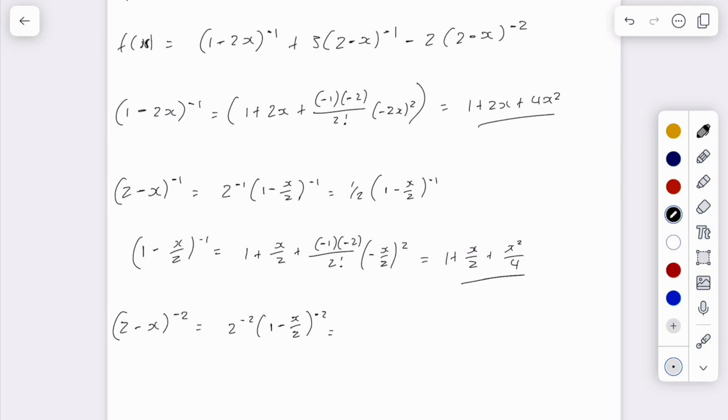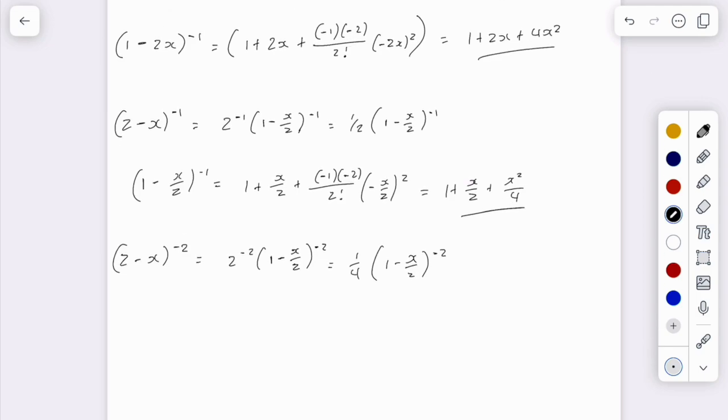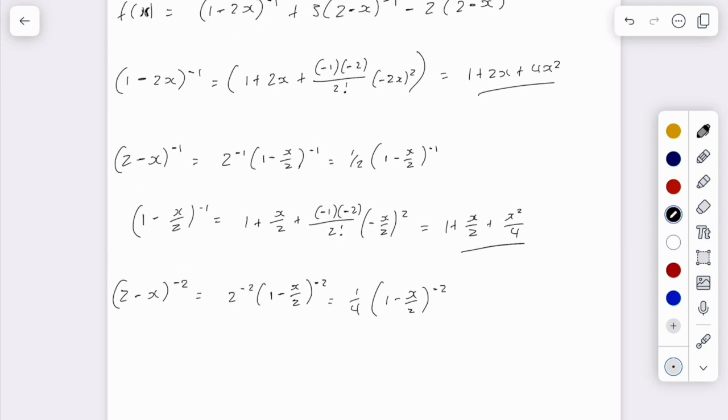Okay. It's going to give us 1 over 4 times 1 minus x over 2. Perfect.